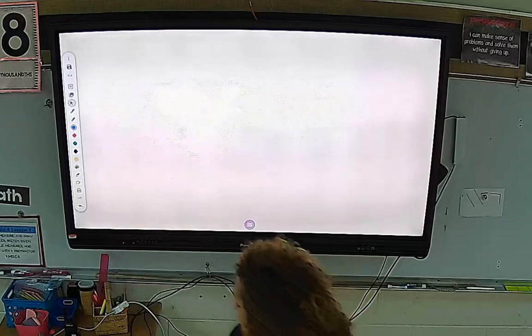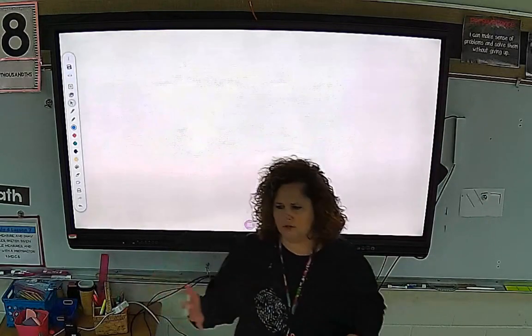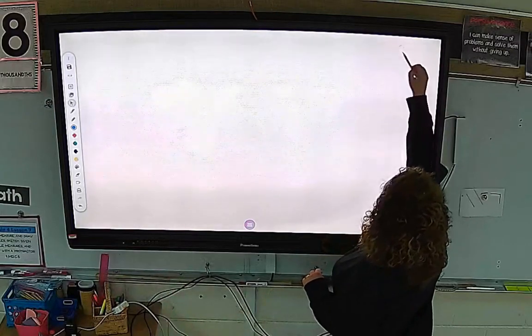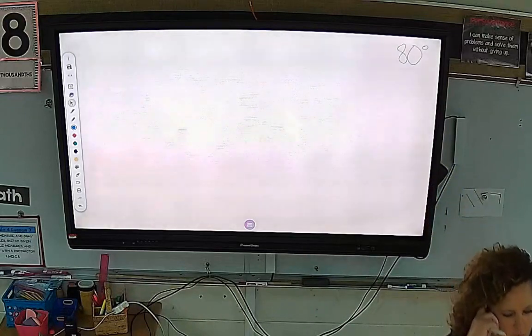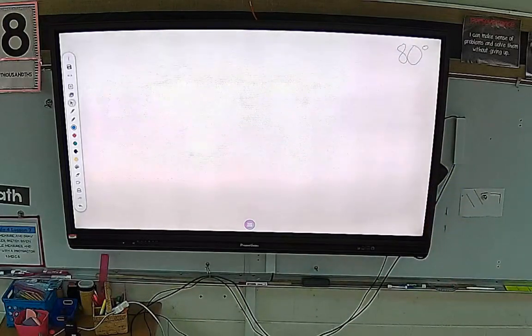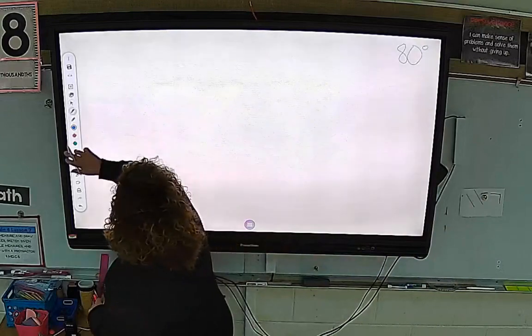We're gonna draw an angle that is 80 degrees. You don't have to write that down just yet. You can if you want, but we're going to be using several places on our paper, so don't start smack dab in the middle. We're going to be kind of up at the top. Okay. So we're going to draw an 80-degree angle.